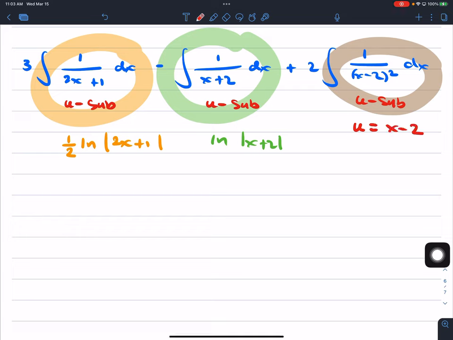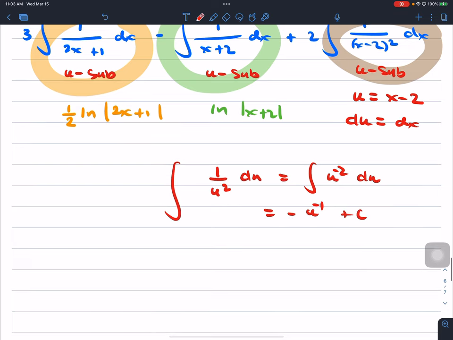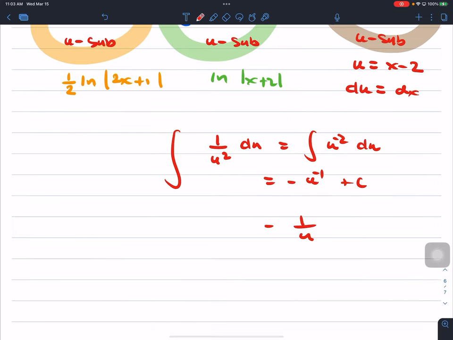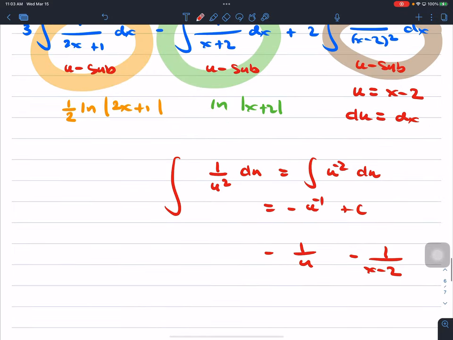Isn't u x minus 2 and du is the same as dx? So that integral here is going to be 1 over u squared du, which is u to the minus 2 du, which is negative u to the negative 1. It's going to be plus that C, negative 1 over u, and u is x minus 2. So that's negative 1 over x minus 2, and we're going to have that constant there, okay? So this is that brown integral there.